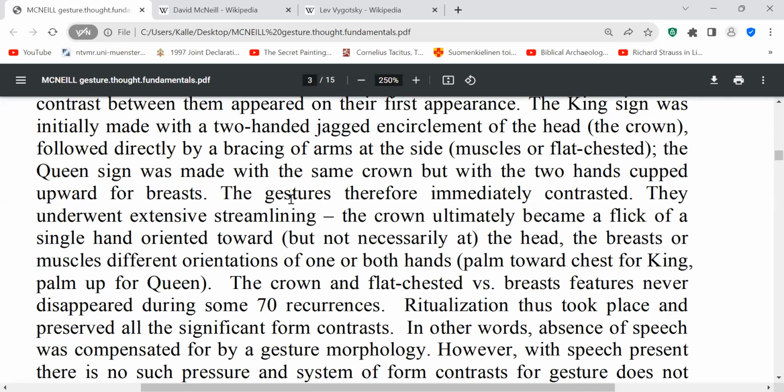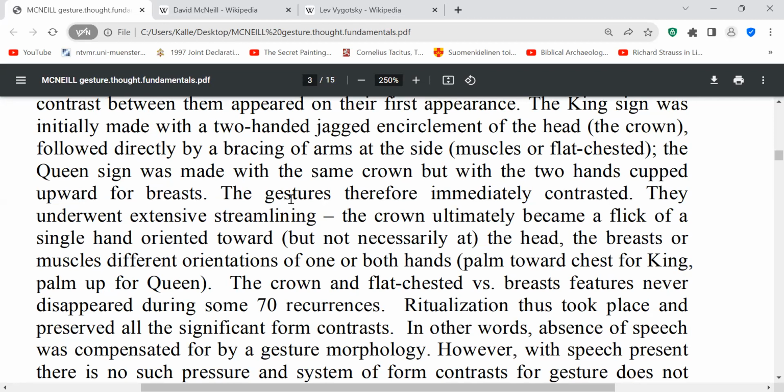The queen sign was made with the same crown, but with two hands cupped upwards for breasts. The gestures therefore immediately contrasted.